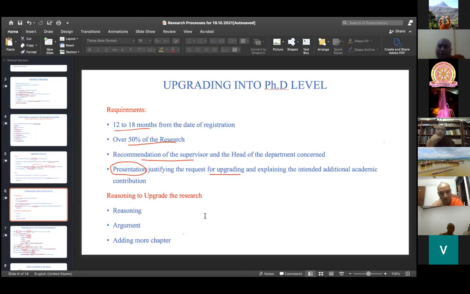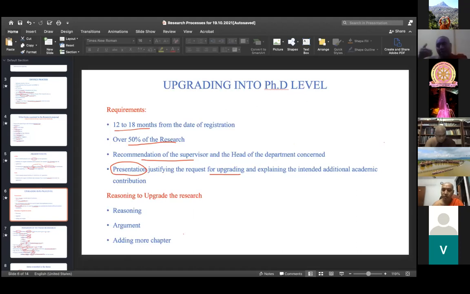Therefore, I suggest that when you are about to apply for your research, you clearly tell your supervisor that you are going to do your research as a PhD, even though you are studying as MPhil. Another thing is that you should not say everything you know, even to your supervisor.